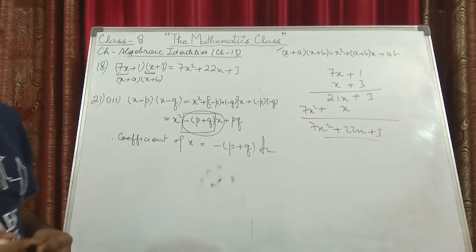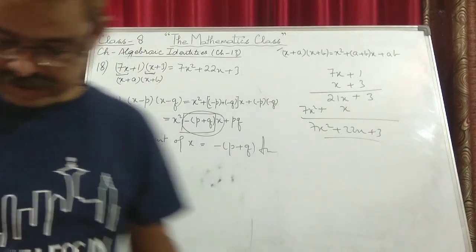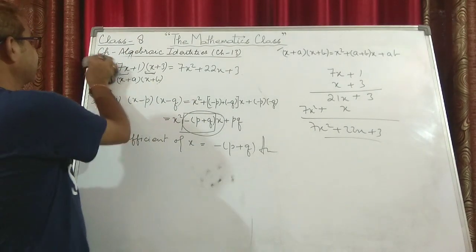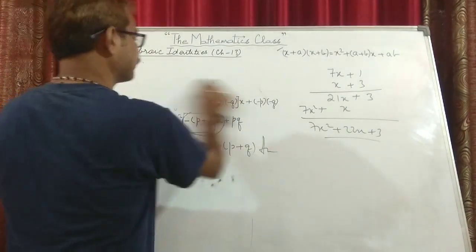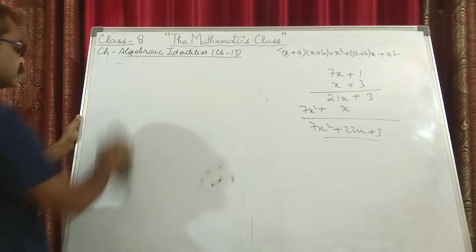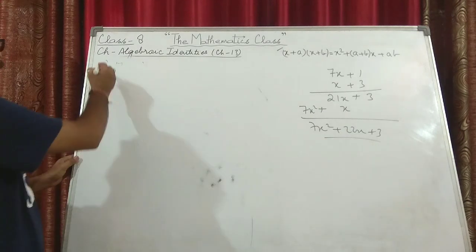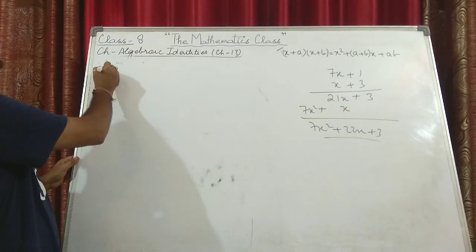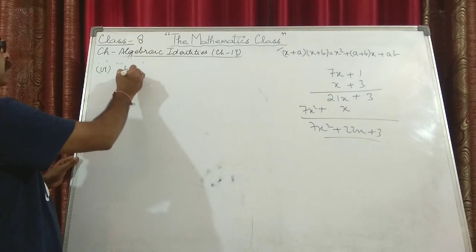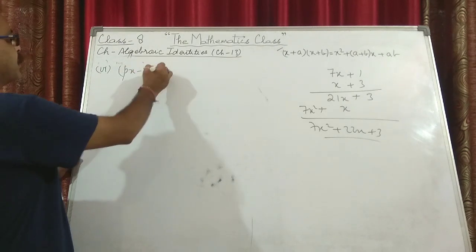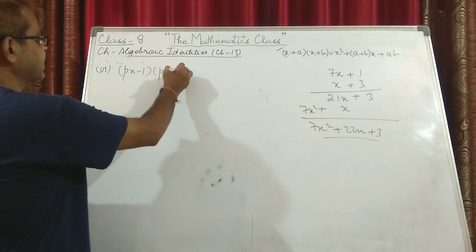Now we move on to the sixth part of the 21st question, which is (px − 1)(px − 1).